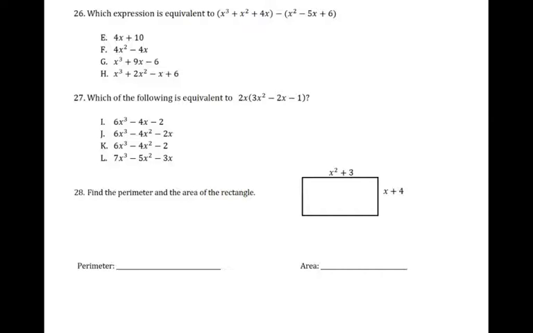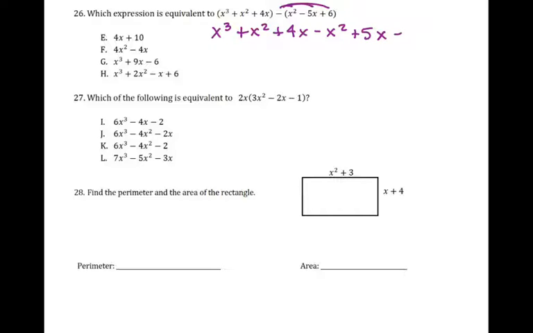Number 26, which expression is equivalent to this? I don't feel like reading it all out loud. So since I have a subtraction question, I'm going to start rewriting. I'm going to distribute the minus first. I'm going to rewrite x cubed plus x squared plus 4x minus x squared. Negative times negative 5x gives me positive 5x.